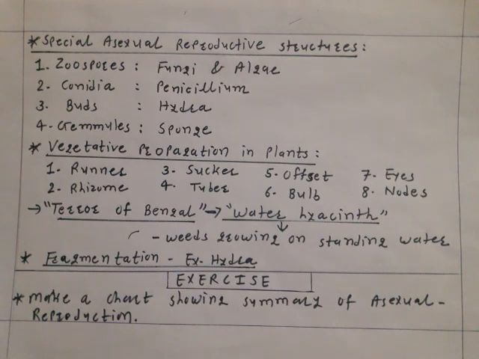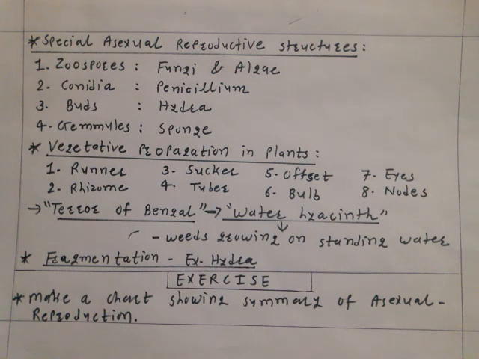Third, buds. Buds are observed in hydra. Sometimes external, sometimes internal. Actually, they are an outgrowth by mitotic cell division. During favorable conditions, these buds get separated from the parental body and give rise to a new organism.